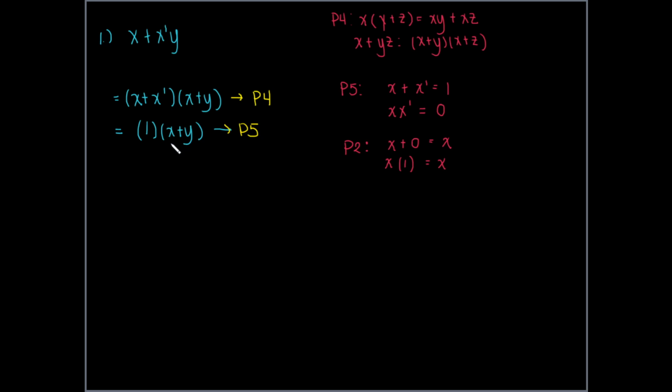And this group AND to 1, so that can be simplified as x or y, coming from postulate 2. So I guess there's nothing more to simplify. This is the final answer.